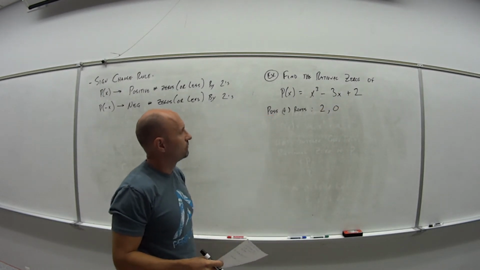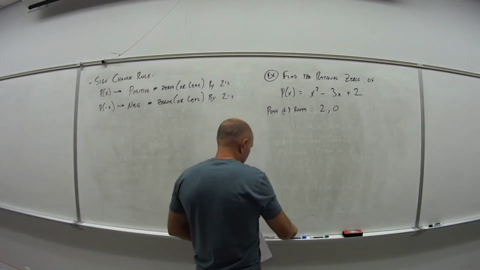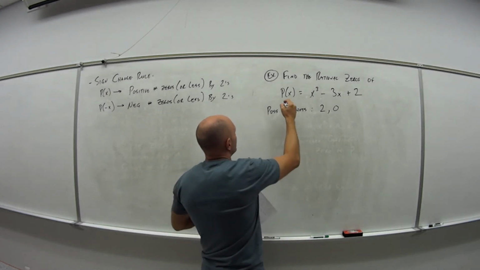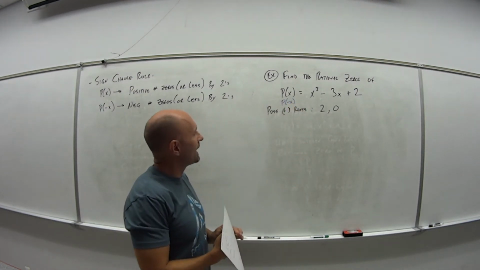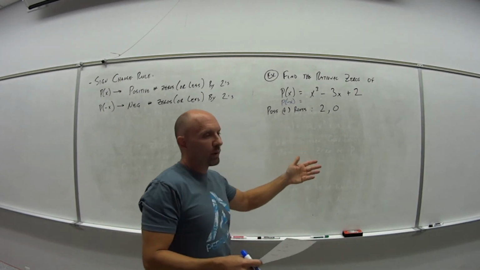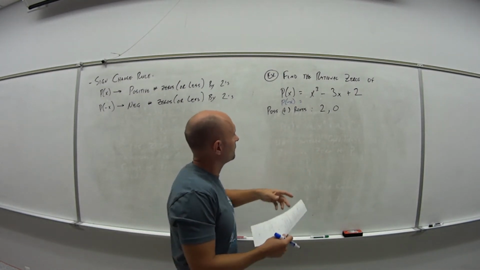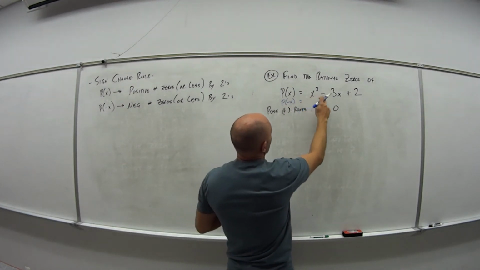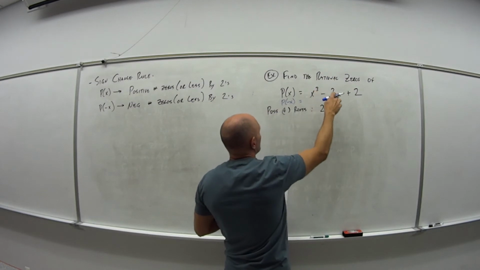Drop it down by a degree of 2. For the negatives, I need to figure out p of minus x. And as I told you, if it's x squared and negative x, it's just going to change it back to positive. So all I have to do is anywhere I have an odd degree term, change it.